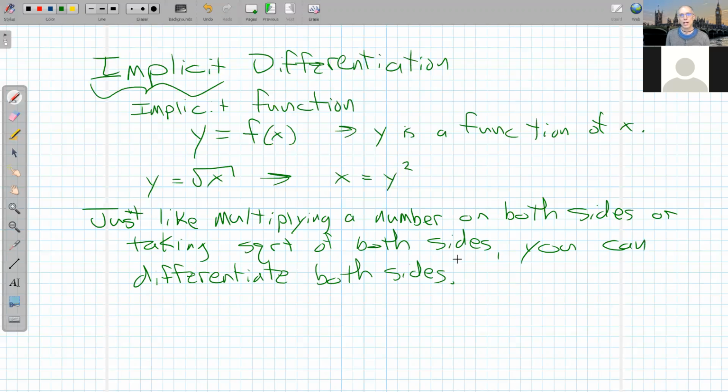And we can do that as long as we realize that if we see a y, we have to assume it's a function of x. And if we do that, that means the chain rule is going to get involved.